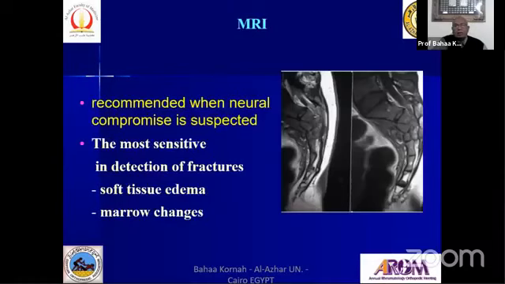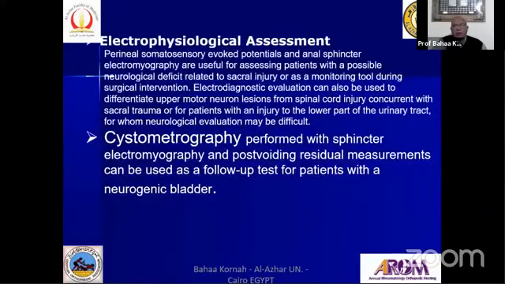About the MRI, it is very important to recommend when neural compromise is suspected. It is the most sensitive in detection of the fracture, soft tissue edema, and marrow changes. Electrophysiological assessment is one of the tools that can be used.